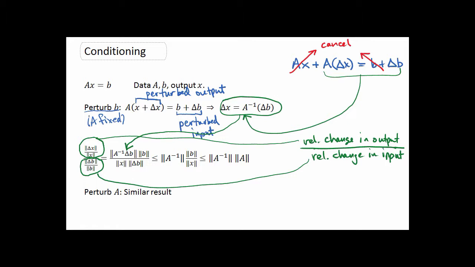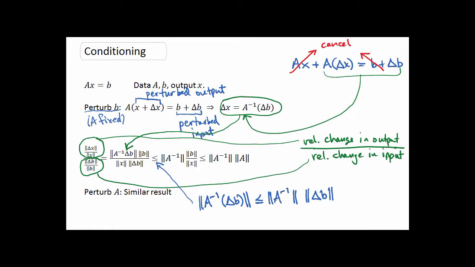Now we're going to use the fact here, this is turning into spaghetti, I'm sorry, that the norm of A inverse times delta B is less than or equal to the norm of A inverse times the norm of delta B. Again, here is why we wanted to use induced matrix norms. They give us this special property that makes it easy to analyze what's happening. With that substitution, the delta B's in the numerator and denominator completely cancel.